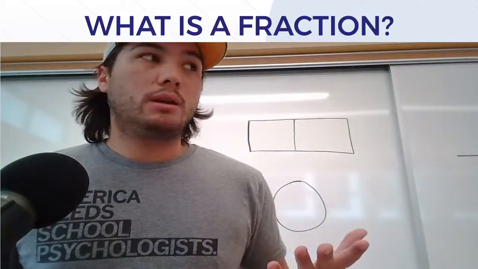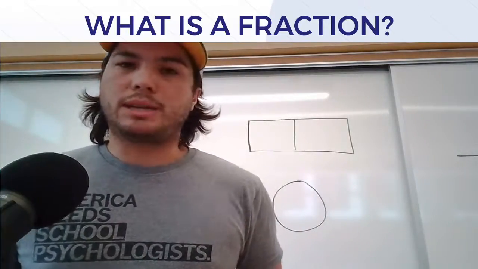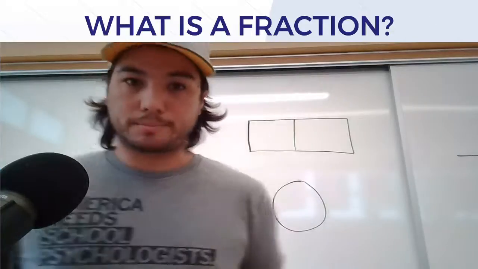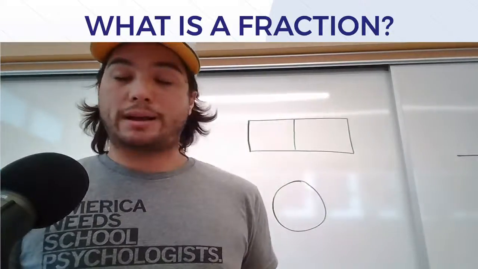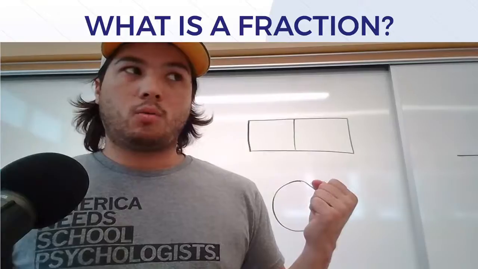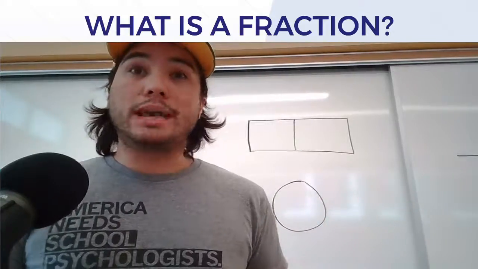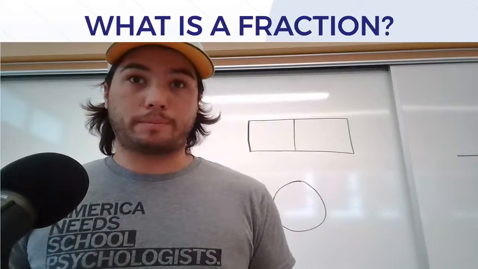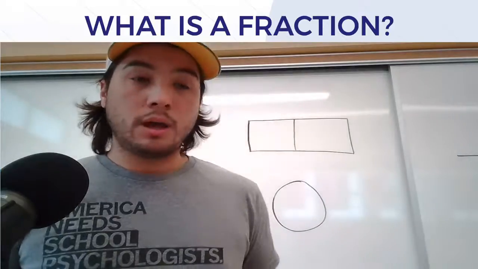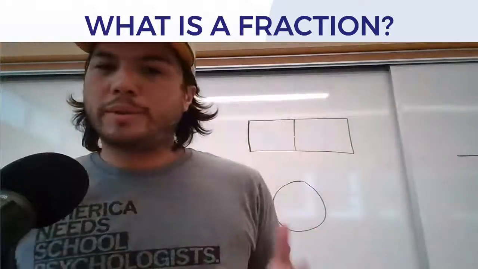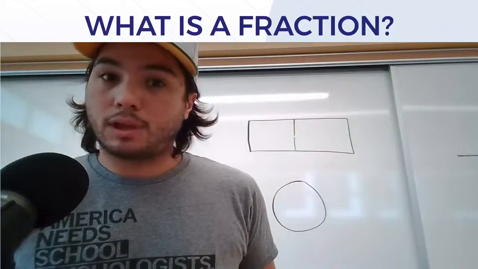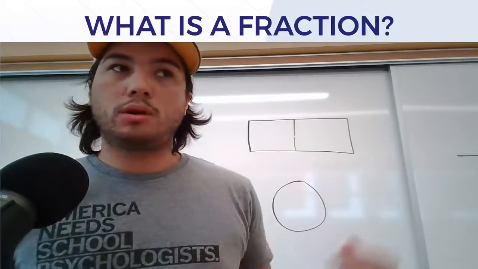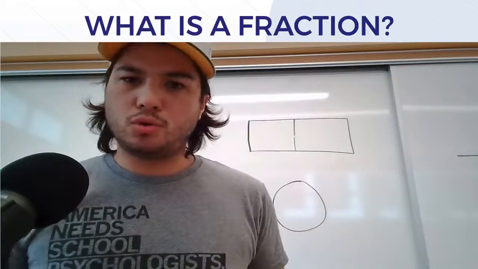When we talk about splitting something into equal parts and making a fraction, we want to keep track of the size of our part in relation to the whole number. In this case, it's 1, and we've made 2 halves. We've split our one whole fraction bar into 2 halves.